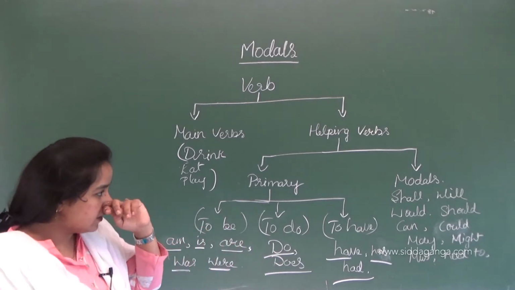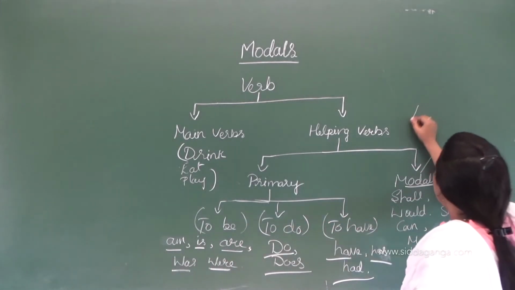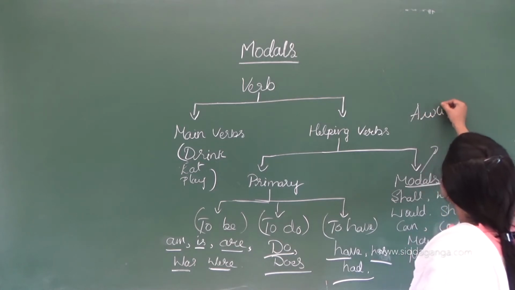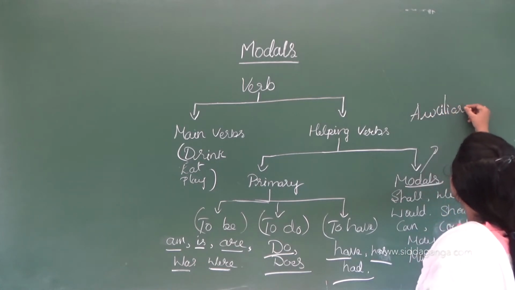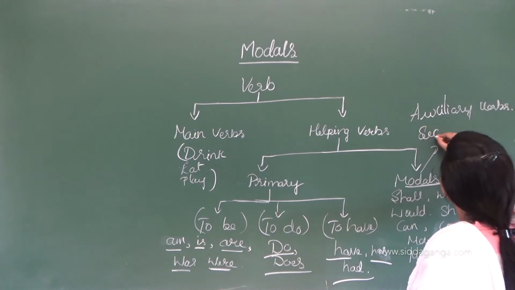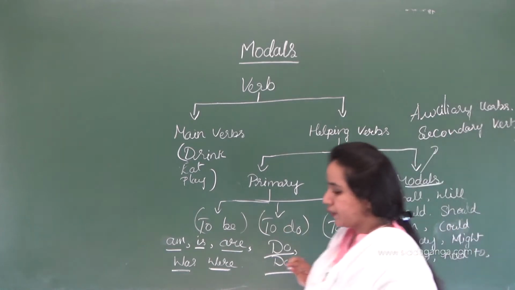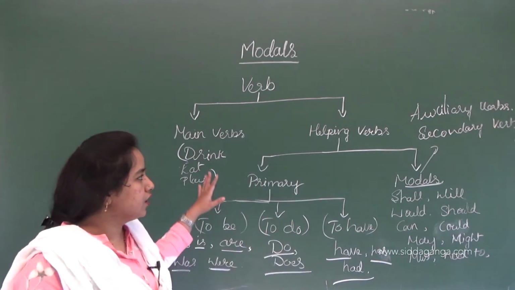So, let us come to the modals. These modals are also called auxiliary verbs or secondary verbs. Because we are going to discuss modals, we should know the detailed things about them, so there is no confusion in the verbs.